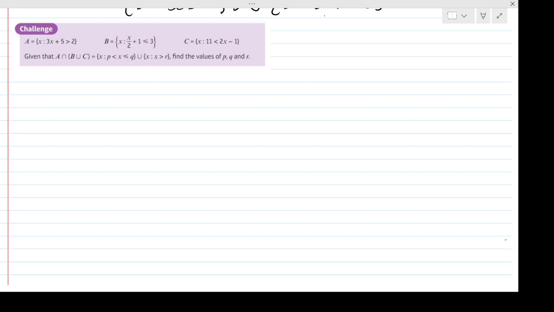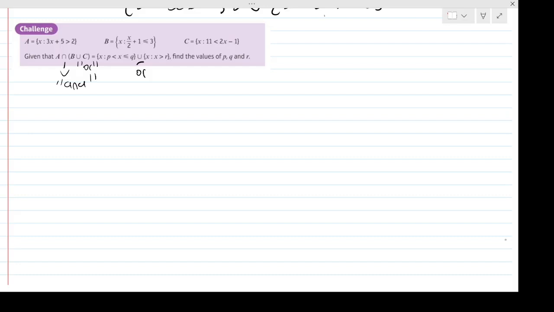Then it says, given that A ∩ (B ∪ C), where ∩ means and, and the U shape means or, is the other set of values of x such that p < x ≤ q, or the set of values of x such that x > r. We need to find these missing values p, q, and r.